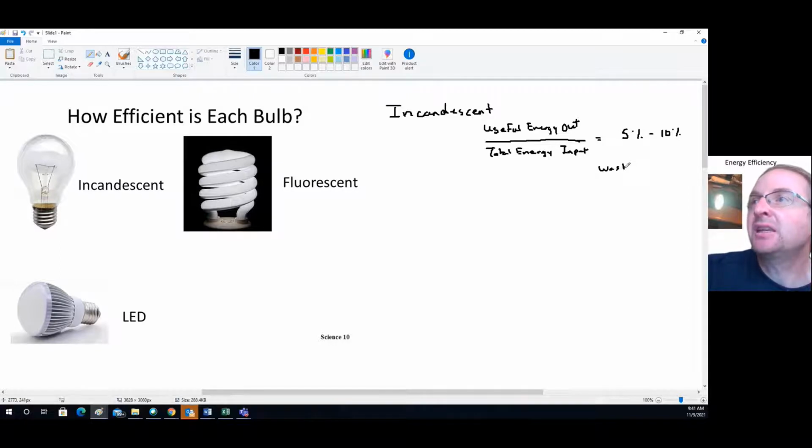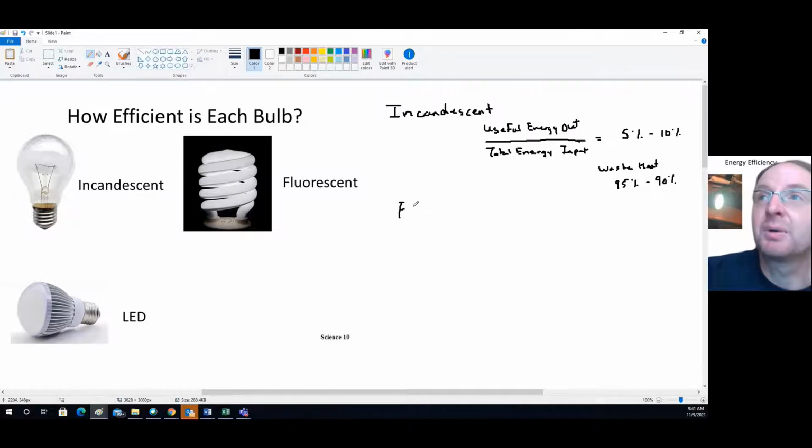So waste heat is given off, up to 95%. You could call these types of light bulbs a really small heater. It's about 90% wasted as heat. So that's incandescent.